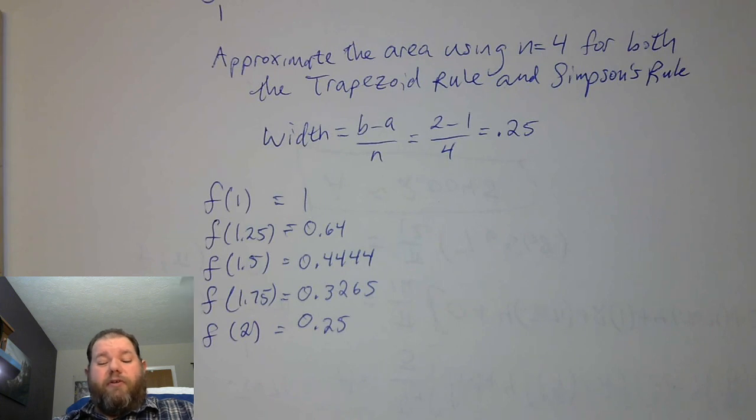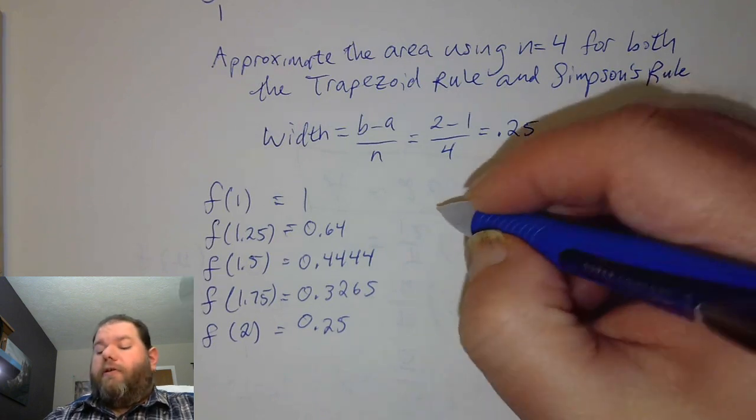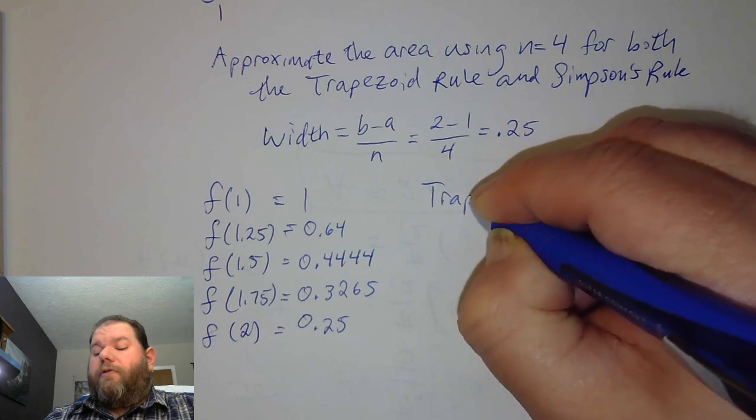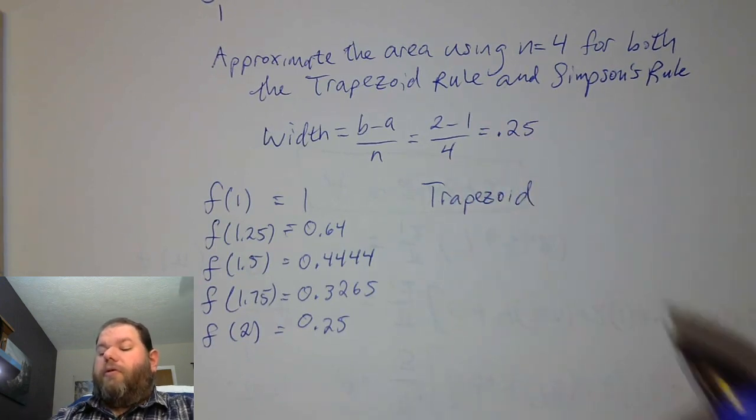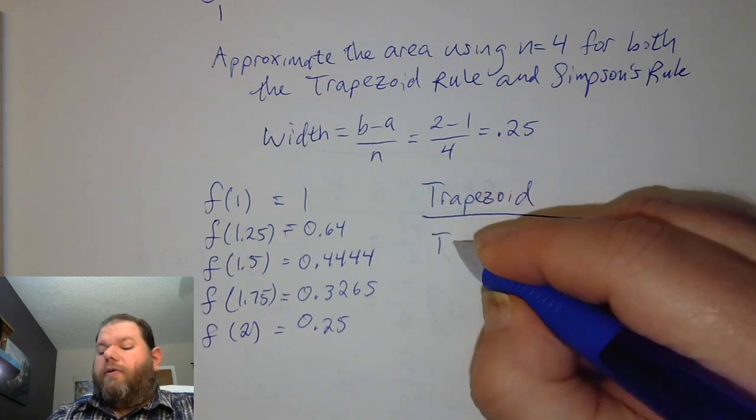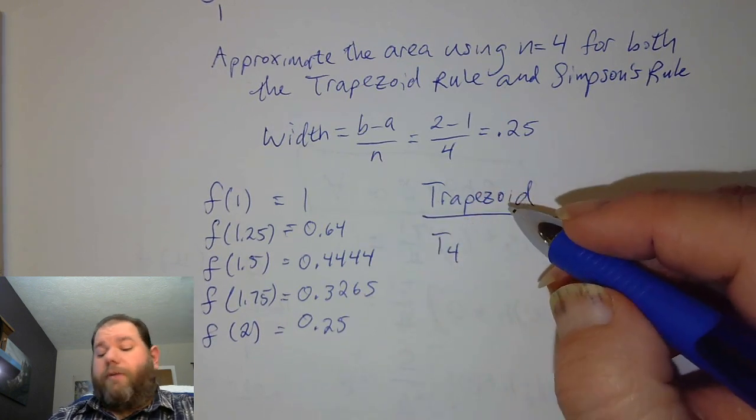Because we know we're going to use those 5 numbers in both the Trapezoid Rule and Simpson's Rule, I think it makes sense to go ahead and find them to begin with. Now we can just calculate each one individually. So let's look at trapezoid first. Call it T4 since there's 4 trapezoids.